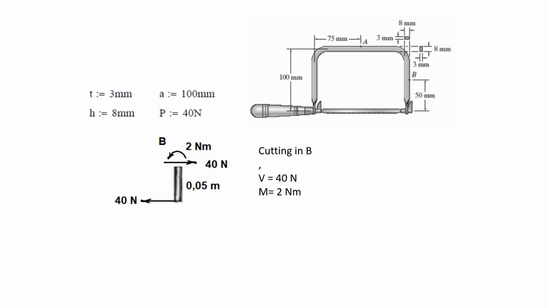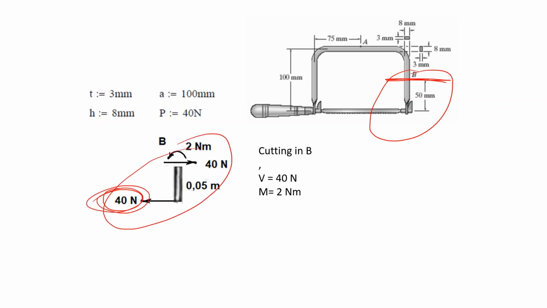Next, we have to investigate the point B. We cut there, and this is your external load, and in the section, in order to have equilibrium, it's very simple. The shear force 40 Newton and bending 2 Newton meter must be acting.